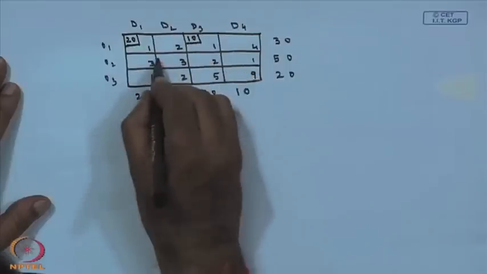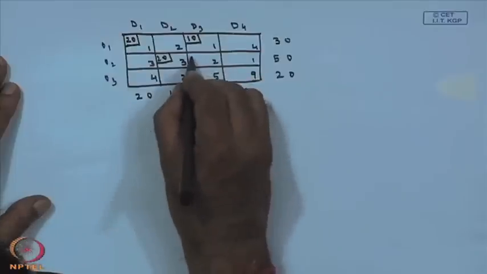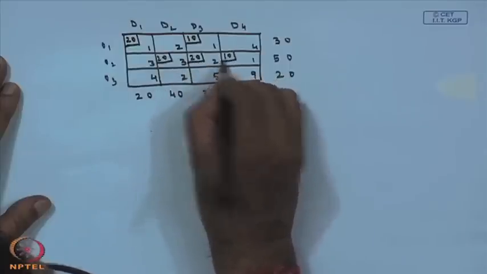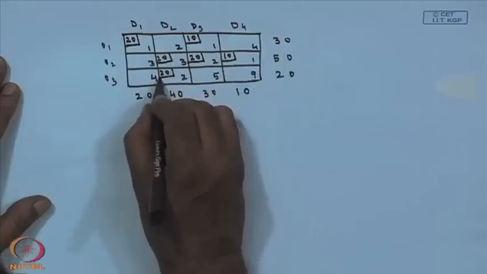So, this was the problem, then you will get 20, 20, and then 10 over here, and 20 here.